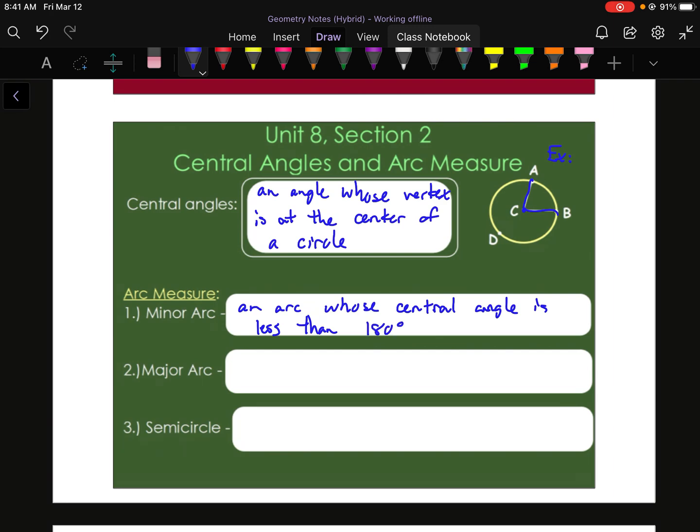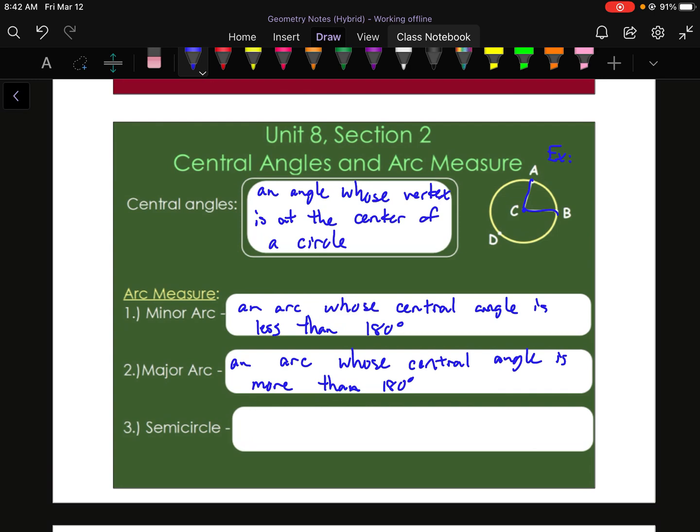So any central angle less than 180 degrees, you have a minor arc. And then a major arc would kind of be the opposite of that, an arc whose central angle is more than 180 degrees.